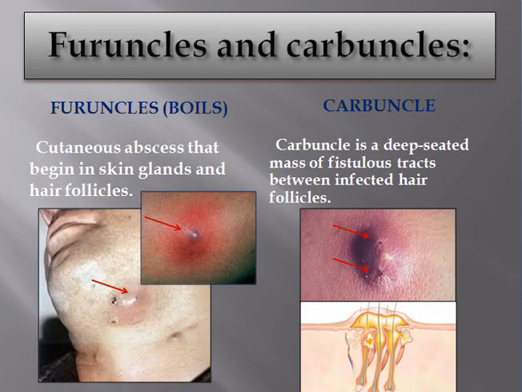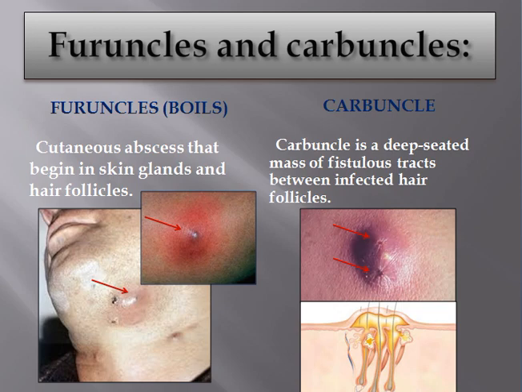Furuncles and carbuncles. Furuncles, or boils, are cutaneous abscesses that begin in the skin glands and hair follicles, and usually they are the only inflamed part of the face or submandibular area, as you can see on this slide, or other follicular-bearing surfaces of the body.